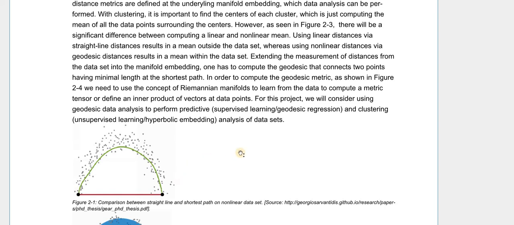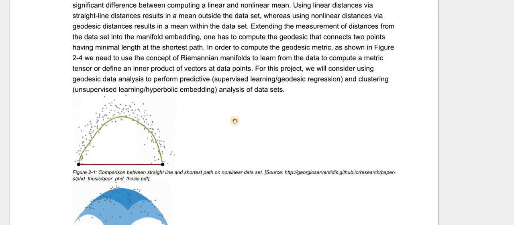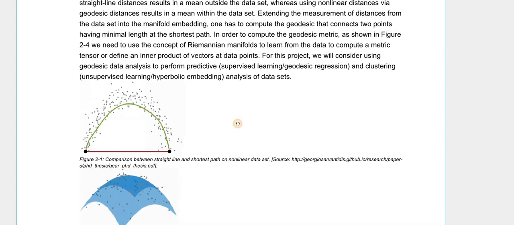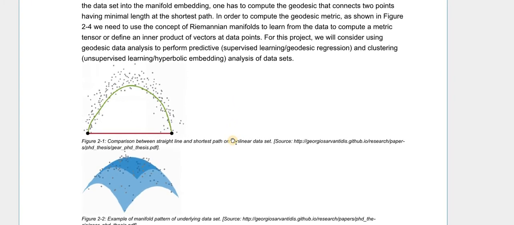But in unsupervised learning, we're going to have to use some other algorithm instead of a regression, and we're going to be using a clustering algorithm. The basic notion of unsupervised learning is not having any labels, but learning from the data. And in our case for manifolds, we're going to be learning the embedding.